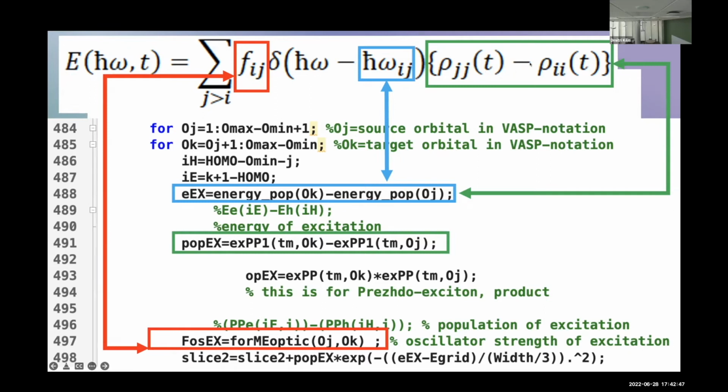If the subtraction is positive, it means we observe population inversion. If it is negative, we have already arranged the summation so that it will not count, since we count only the possible contributions. So this little bracket is population inversion.